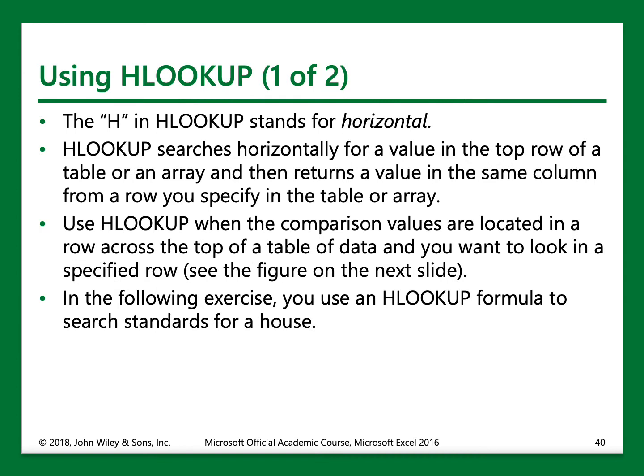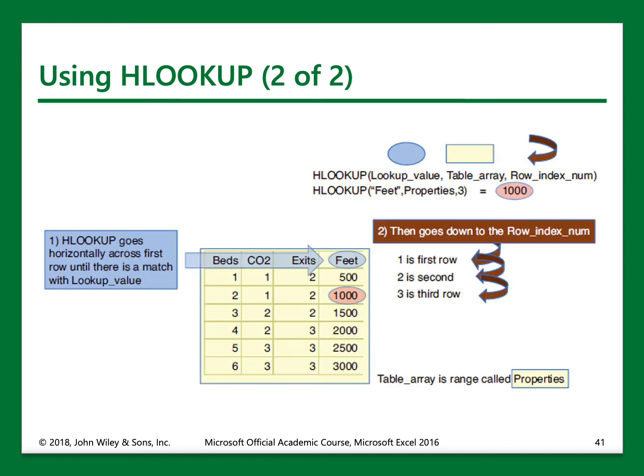Now, the H in HLOOKUP just stands for horizontal. If you're comfortable with VLOOKUP, then HLOOKUP is exactly the same, but just turned on its side. So if we wanted to get a value for feet, for instance, from this table of different properties here in yellow, and we wanted to get the third row of that being returned, then it might look like this.